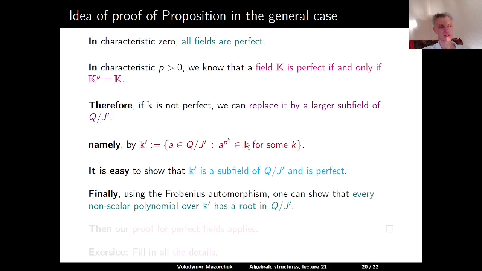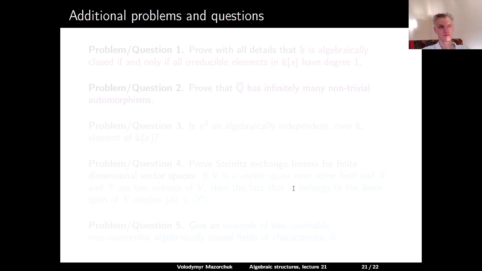So it's exactly the same condition as we used for k when we defined this field. And then, of course, our proof for perfect fields applies, and this shows that Q divided by J prime is algebraically closed. And it's a good exercise to fill in all the details of this proof.